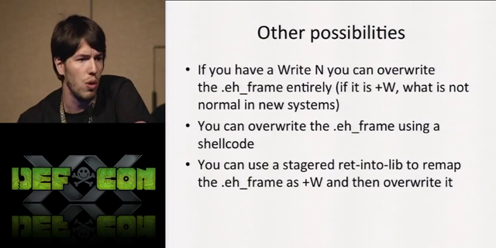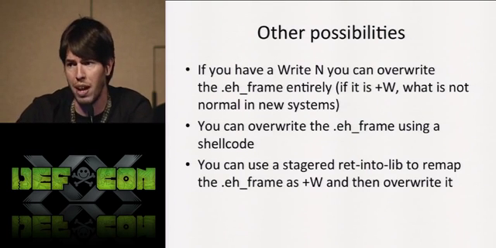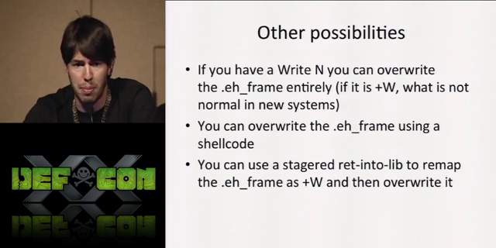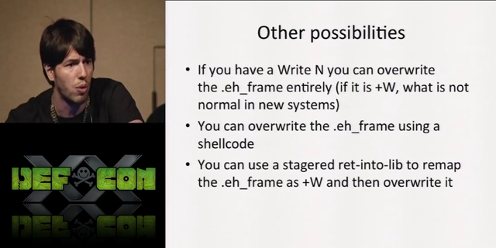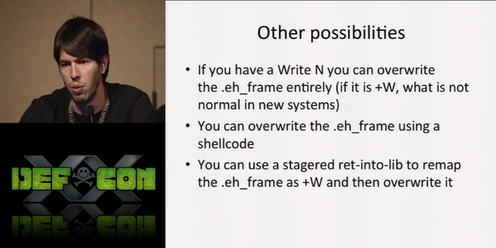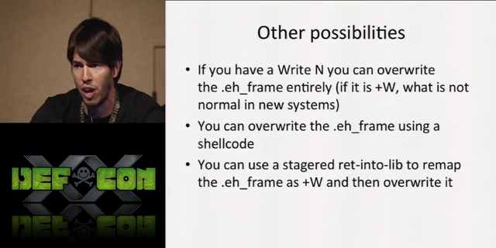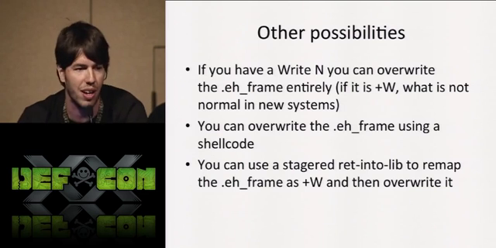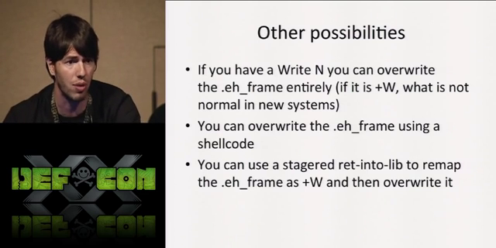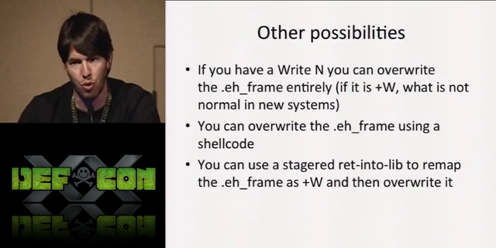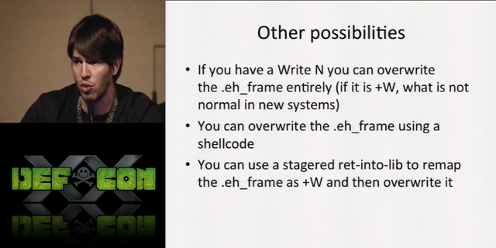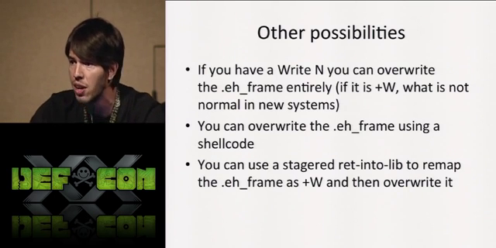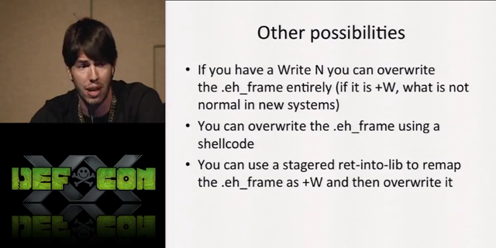You can also use two-stage payloads. For example, you can write a minimalistic payload, a shellcode, which basically will remark the EH frame as writable again, and then you just overwrite it with your DWARF payload. That might be helpful to avoid filters if you want to do some complex computation on the target and something is being filtered in your shellcode.